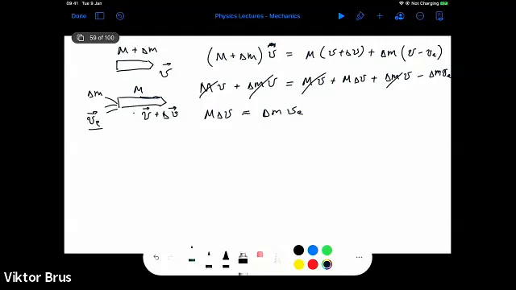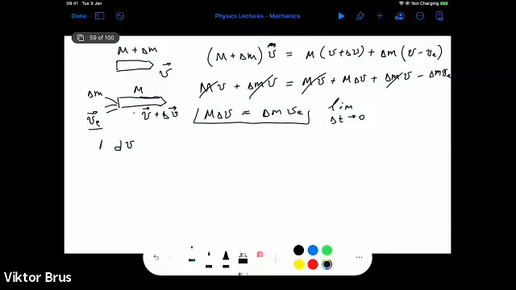Now we need to consider this equation in the limit of delta t approaching 0. So then it will be a very short interval of time. In this case, we can write the change of the rocket velocity dV.